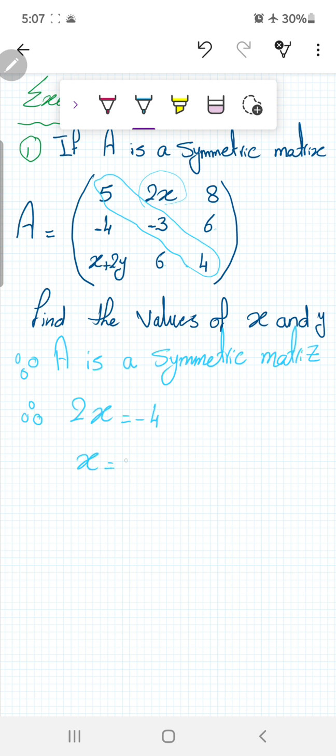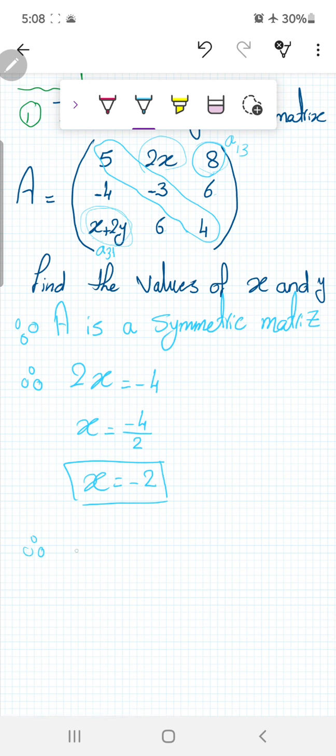Move 2 to the other side by dividing, negative 4 divided by 2, so x equals negative 2. And also x plus 2y equals 8. This element in the third row and first column, A3 1, is equal to A1 3, first row and third column, which is 8.